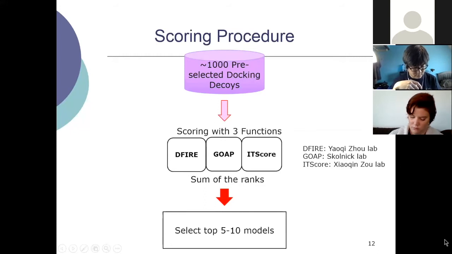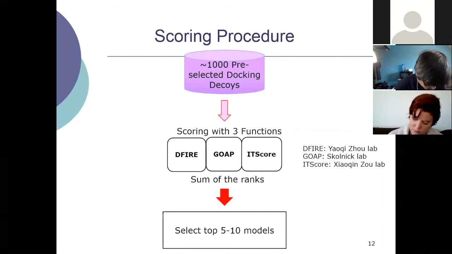So it computes a potential from statistics taken from representative structures in the PDB.